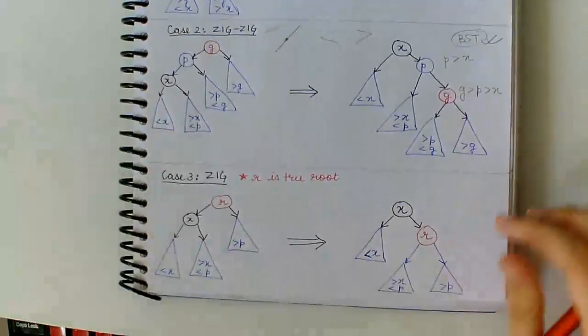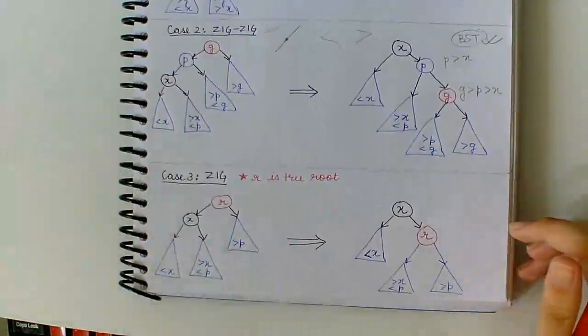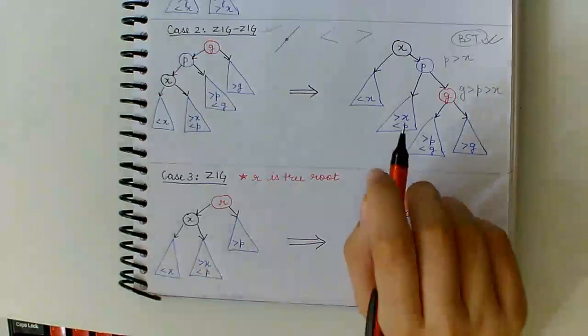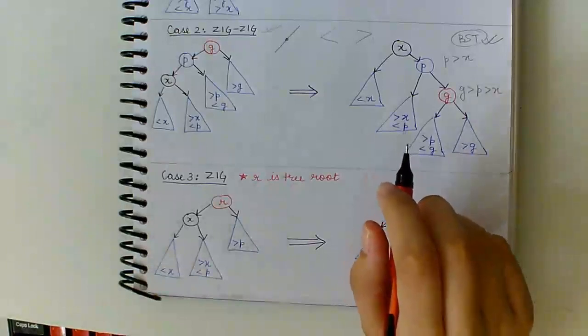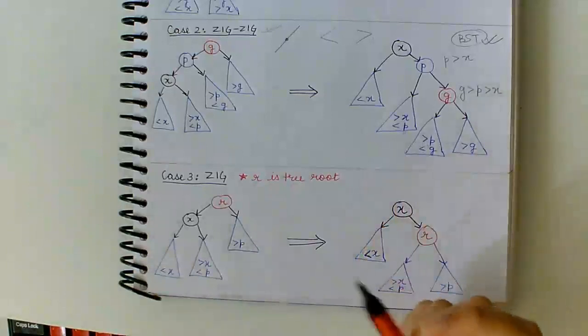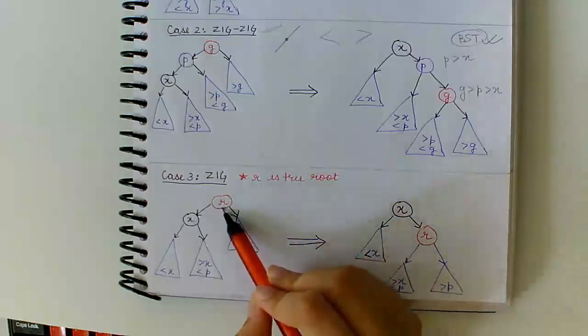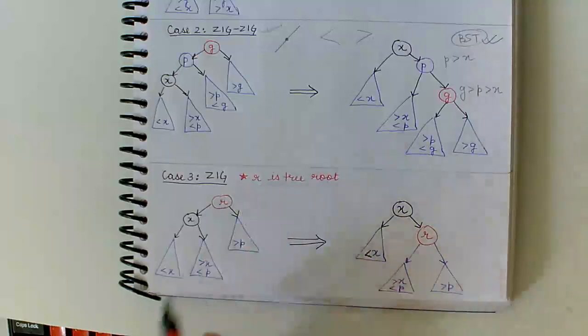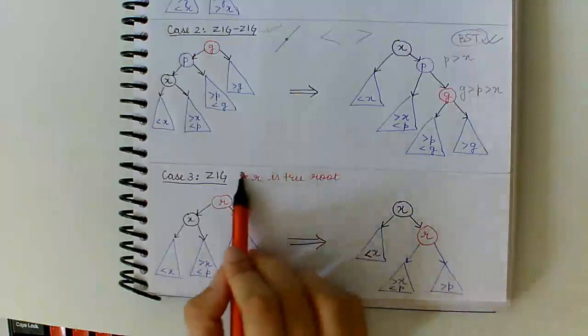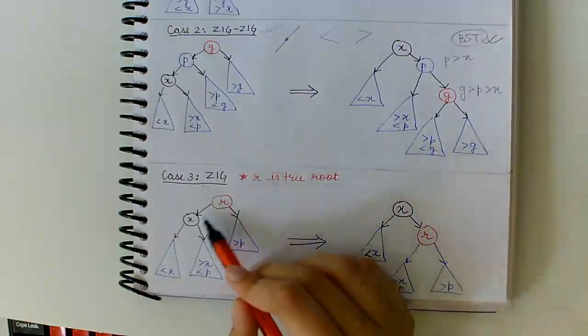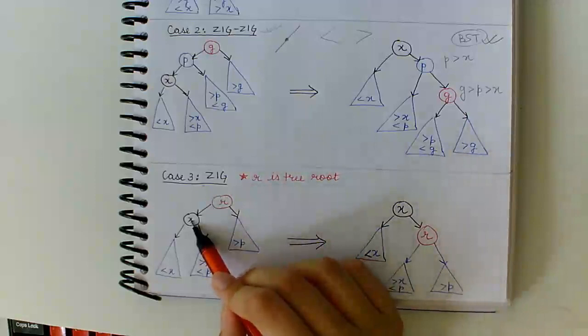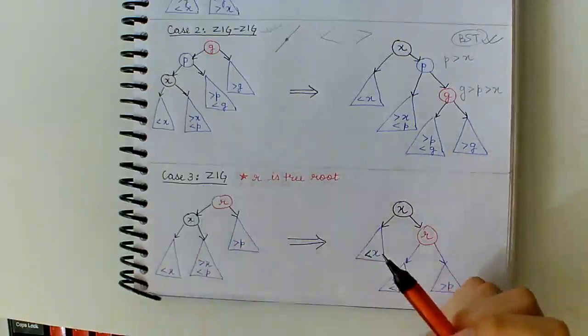So moving on to case 3, that is the zig operation. This happens when x comes just one level below the root, which is only possible when r is the root of the tree.